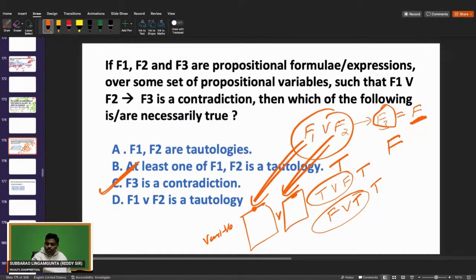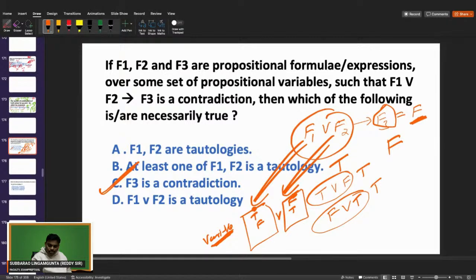Let us assume these variables are true. It is false. Overall it becomes true. To these other variables, this is false, this is true. But see the interesting story.